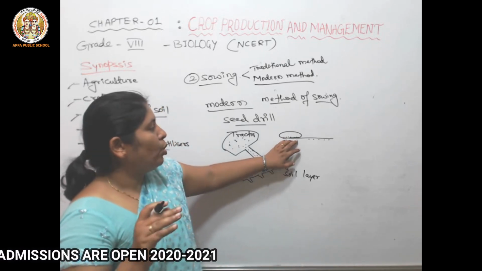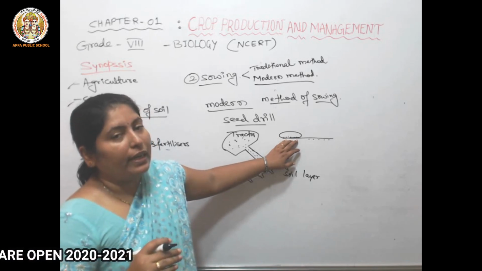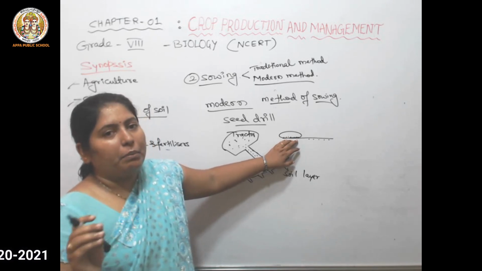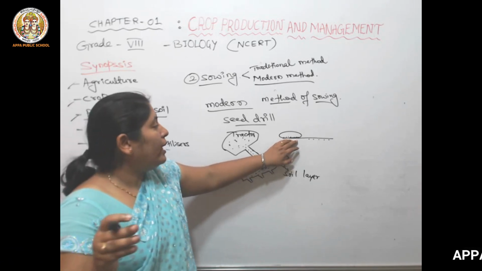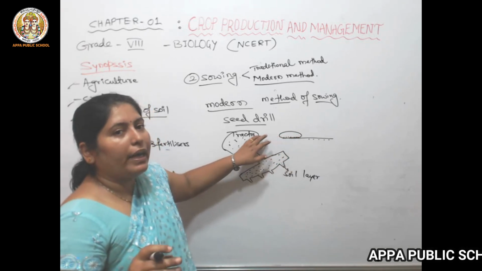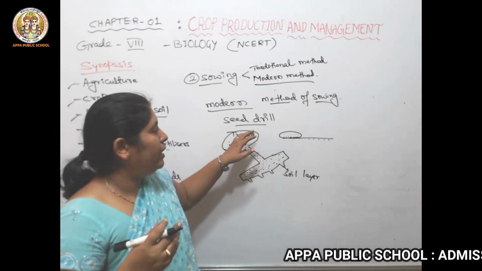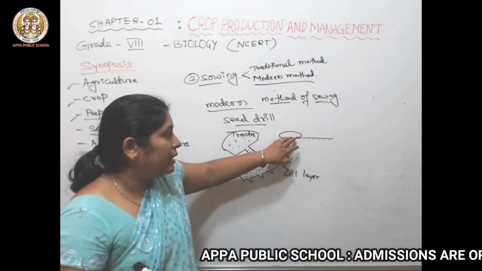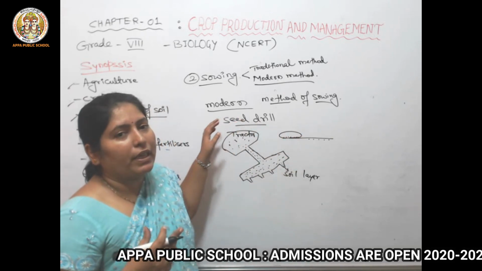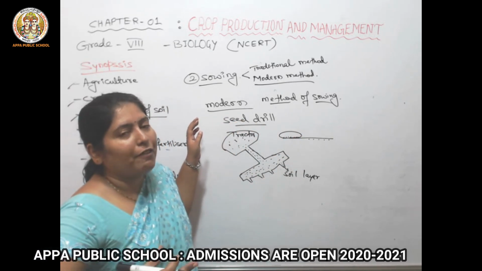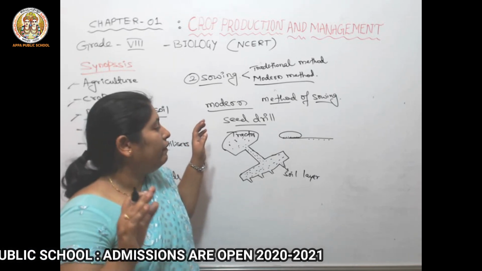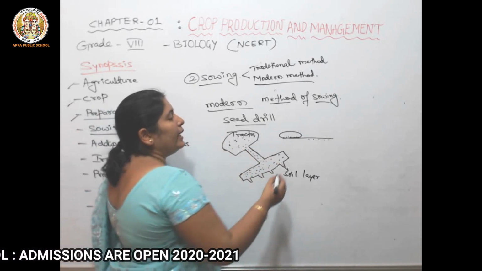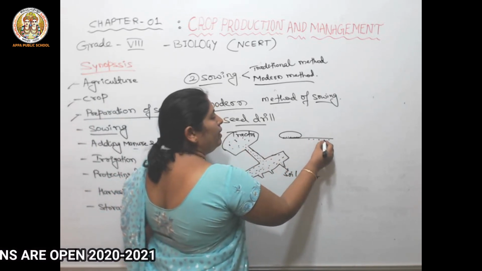Or else they may even be blown away by the wind. If a heavy wind blows over this particular area, then these can be blown out from that area. Then what is the fun in sowing? That's why we have to sow the seeds a little bit deep inside the soil layer.